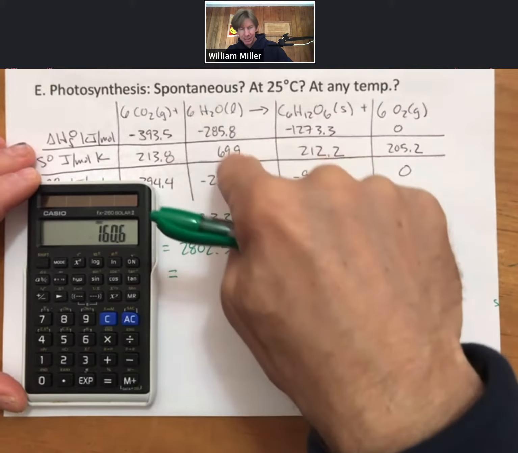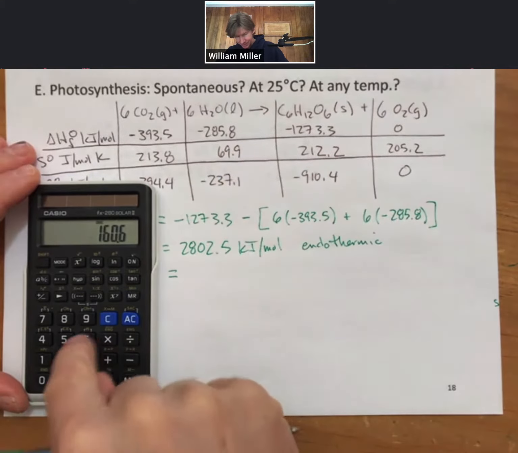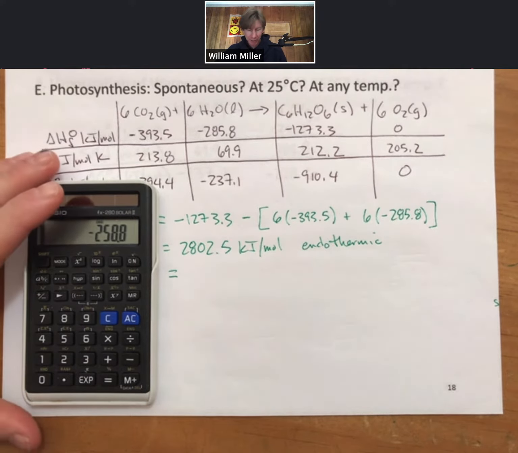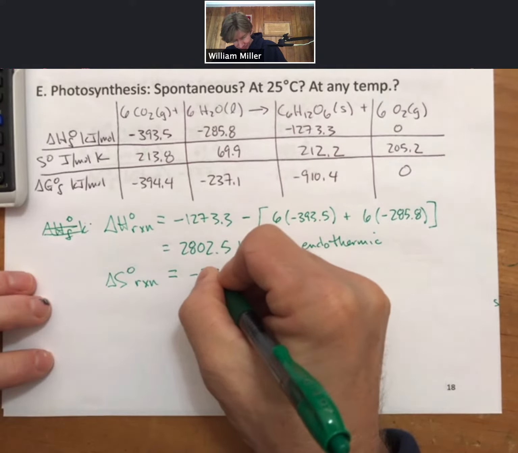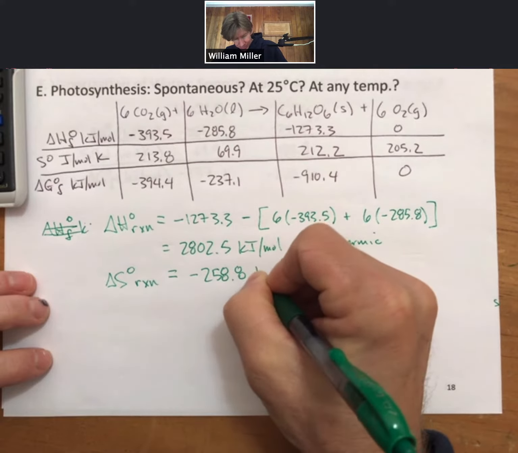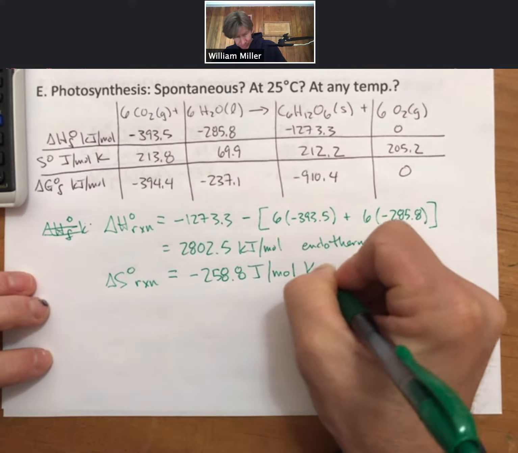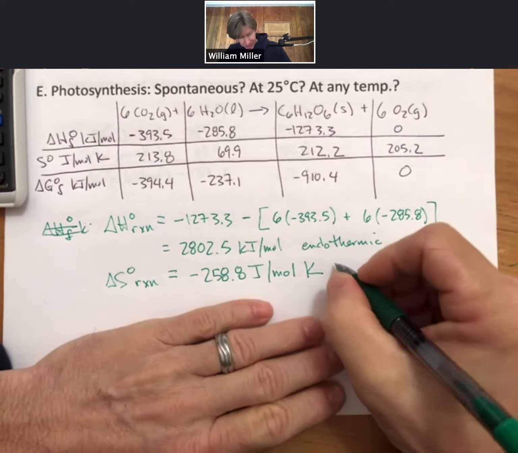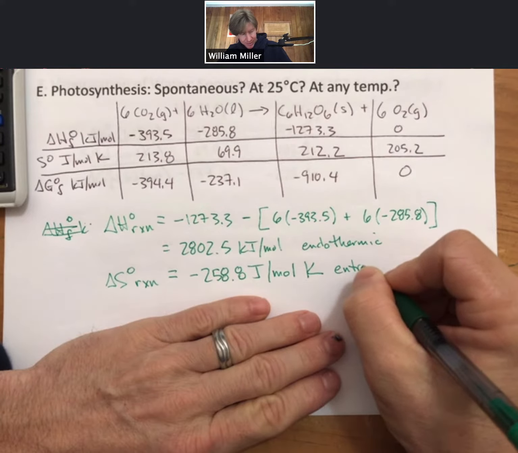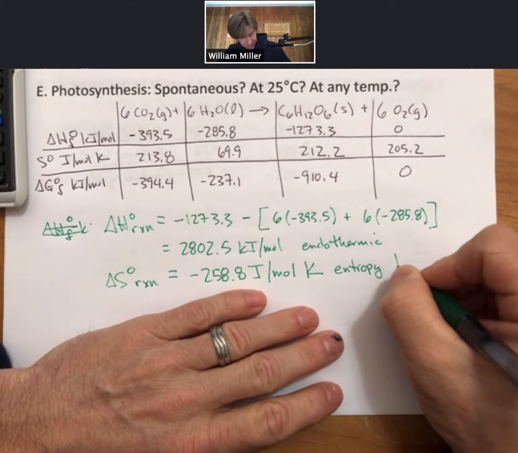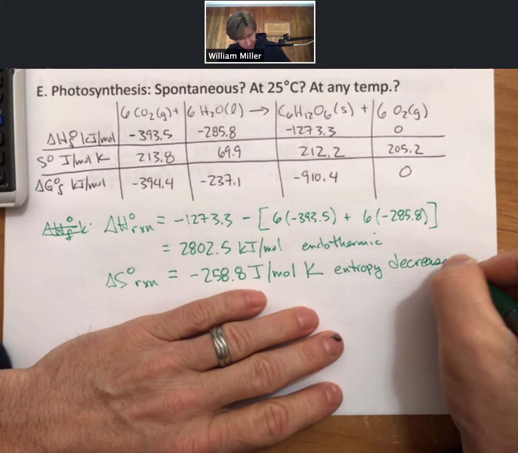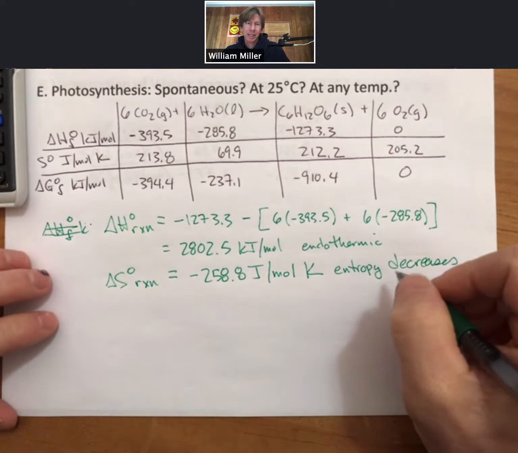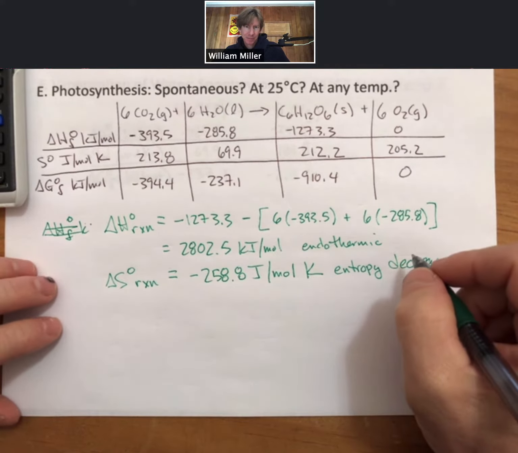Minus 6 times the 69 equals minus 258.8. And what we can see is this, so entropy decreases. Both of these tend to be non-spontaneous.